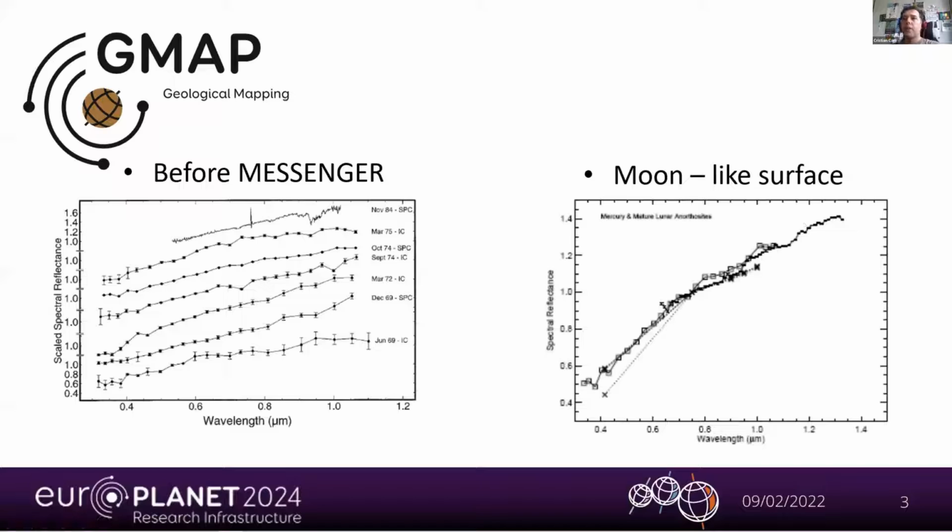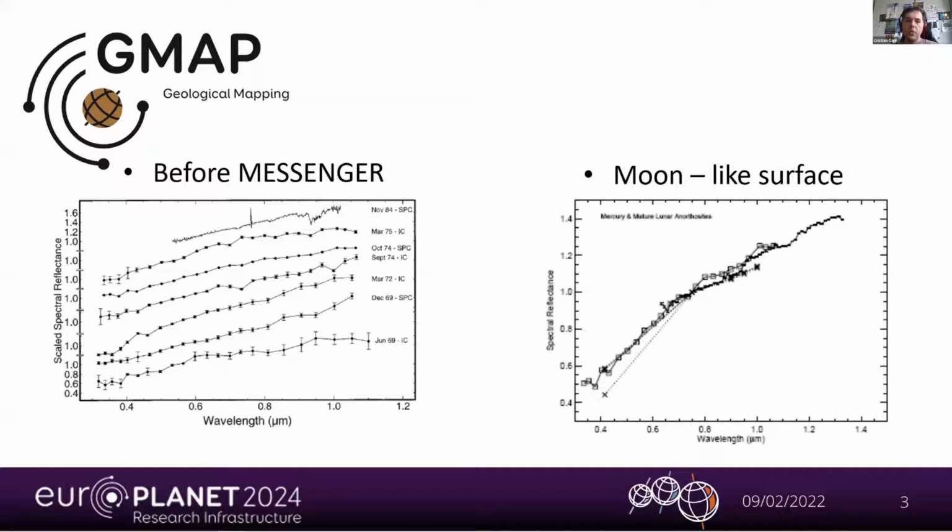But looking at what was possible to know before MESSENGER, until 2008, from the Mercury surface, there were just a few types of multispectral information from Earth-based instruments that permitted us to see a sort of red slope spectra in the visible, compared and similar to that of the lunar anorthosite.